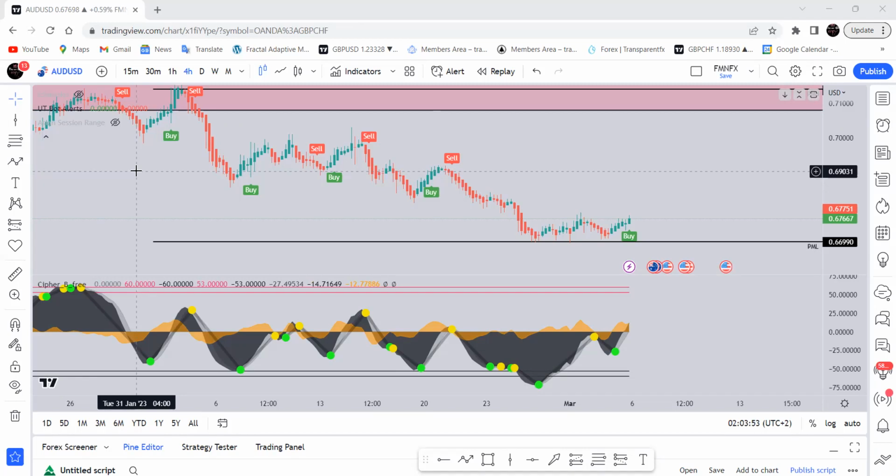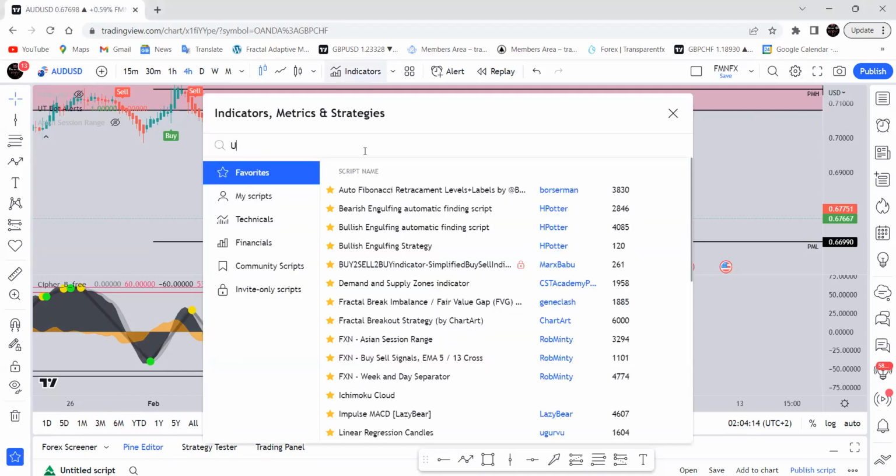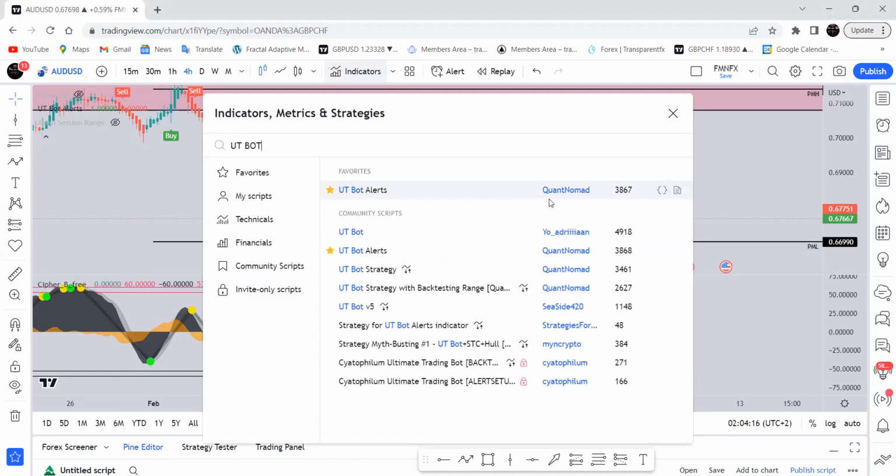The indicators that I have been using, I've been straight up MIA, but hey, they work. So first things first, the UT bot alerts and the Cipher B free. You literally go to indicators, type in UT bot, and you see bot alerts by Quant Nomad.